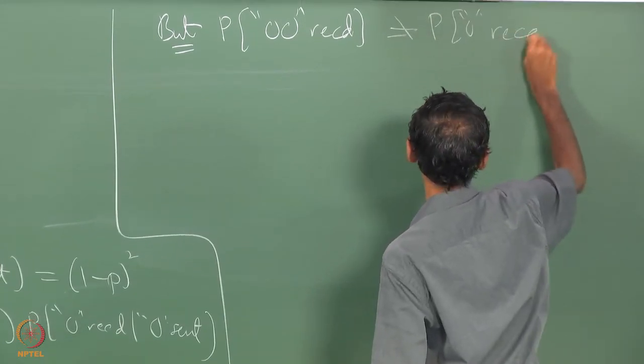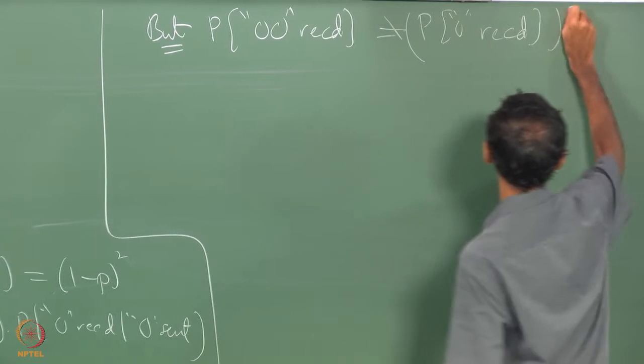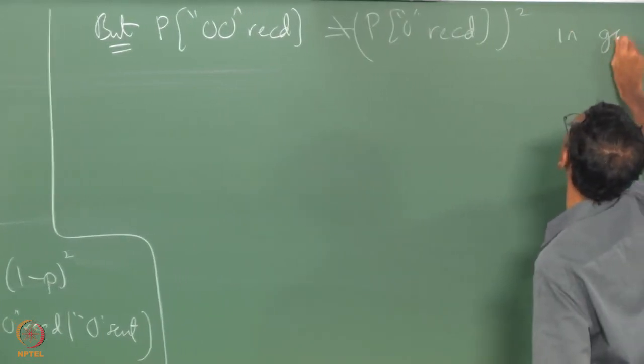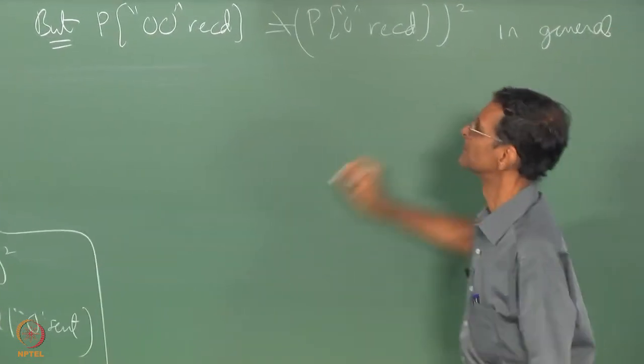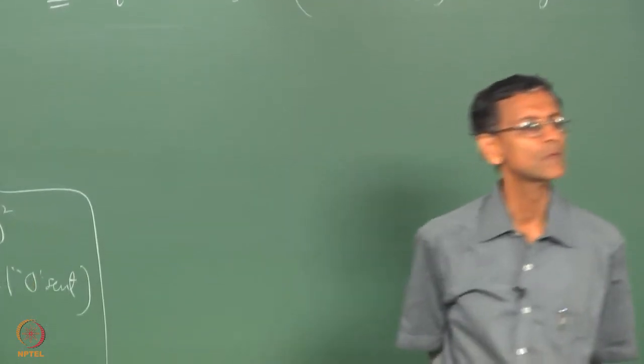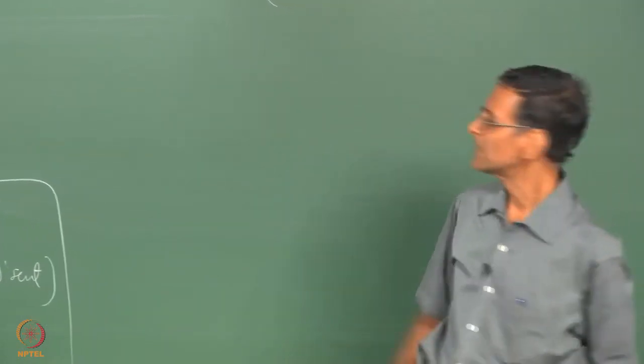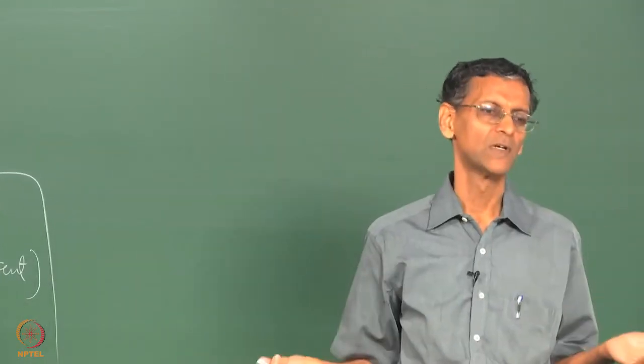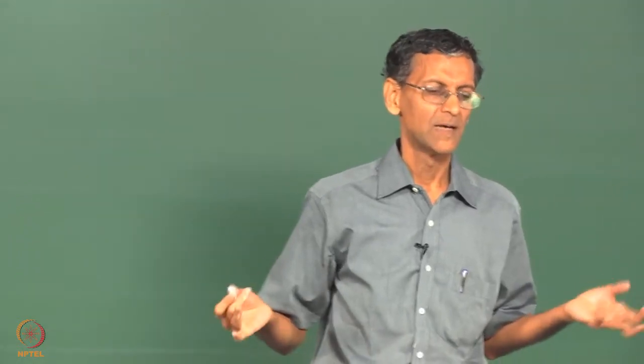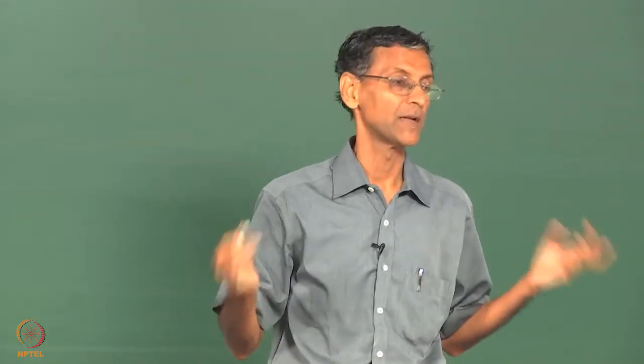This will not be the probability of 0 received squared. So this is a case of conditional independence without, in some sense, absolute independence, right?